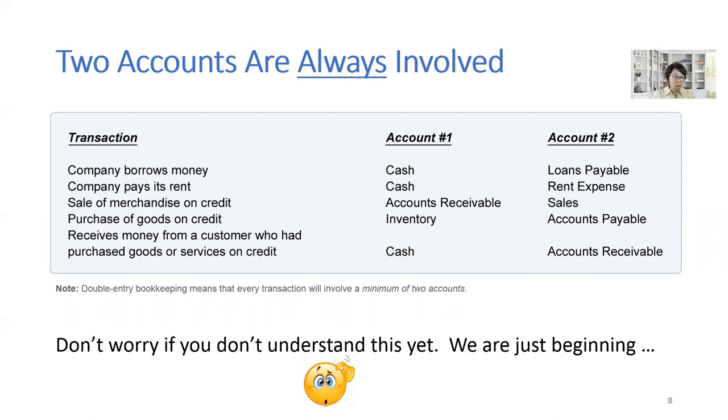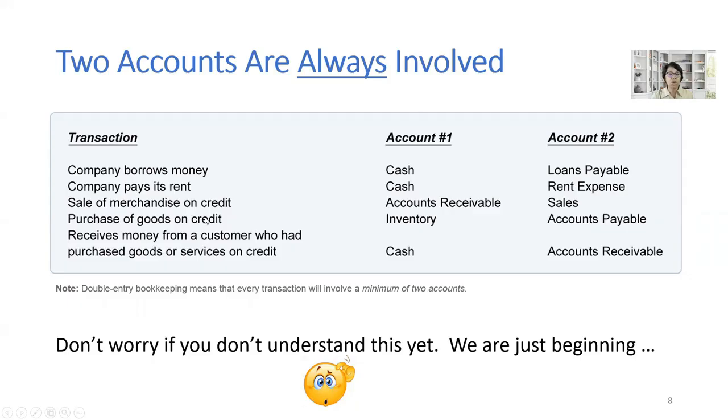So you have accounts receivable, think of it as like an IOU. This person that came in owes you $1,000. And your sales account goes up by $1,000 because you made $1,000 in sales.